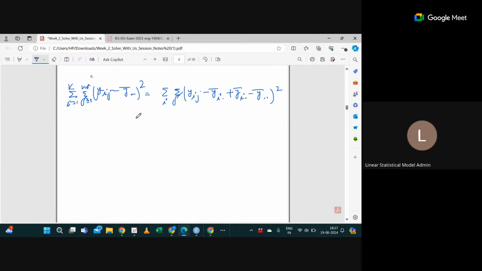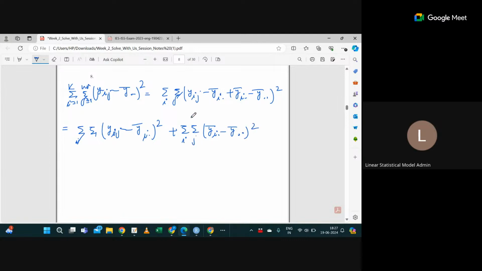So on the right hand side I will write summation i, summation j, (yij minus y bar i dot) whole square, plus double summation (y bar i dot minus y bar double dot) whole square.